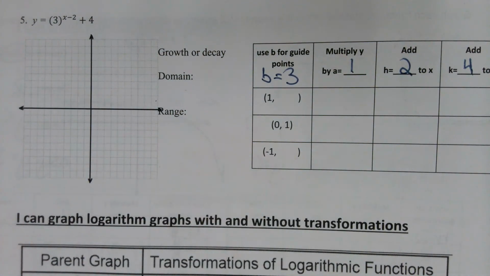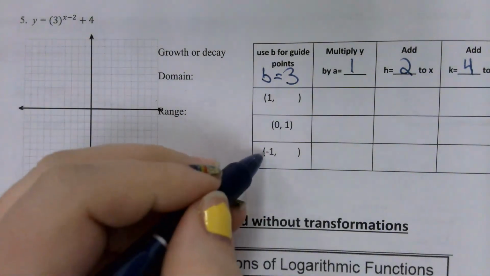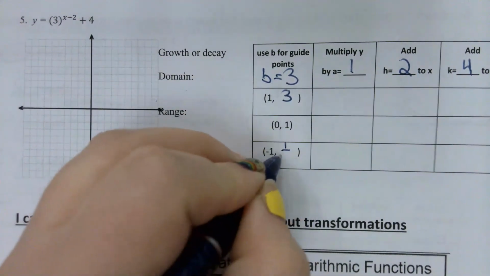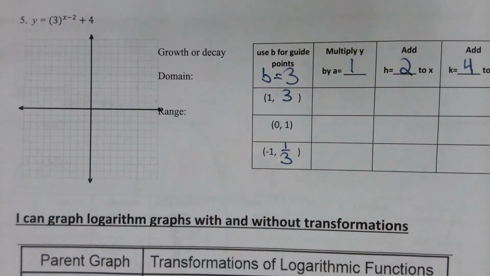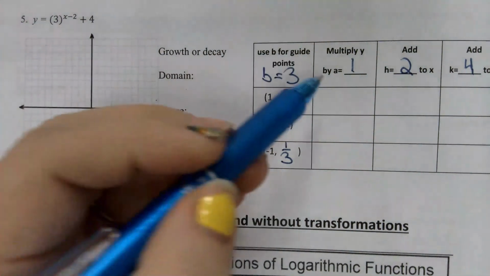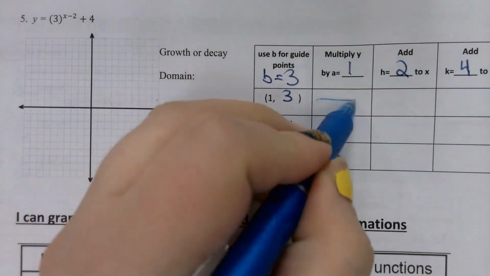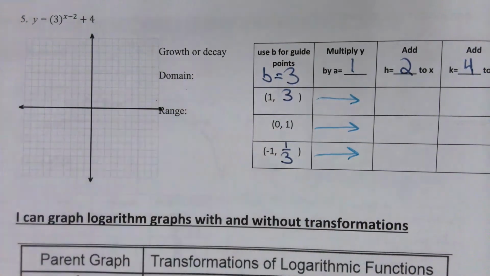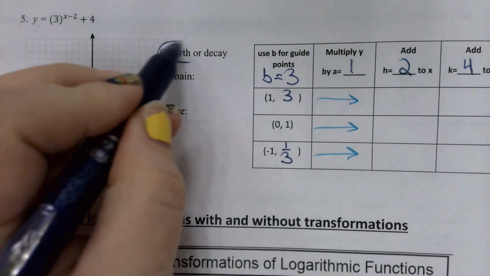So when I list my guide points, I have 1, 0, -1, and B, 1, 1 over B. Multiplying the y's by 1 doesn't change our y values. Since our b value is greater than 1, it is exponential growth.